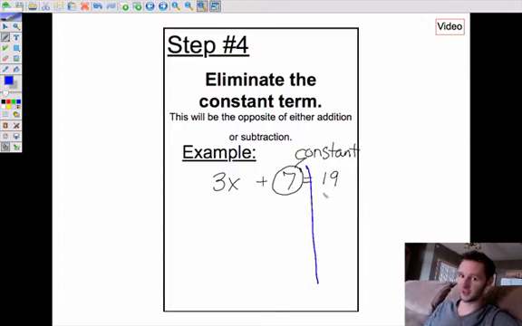Similar to what I just said in step 3, you wouldn't want to move this constant over here, because then we would have 3x plus something equals 0, and that wouldn't help us solve it. So we want to eliminate the constant that's on the same side as the variables. In order to do that, I'm going to subtract 7 from both sides. And we know we can do that because of the subtraction property of equality, as long as I do it to both sides. And you get 3x equals 12. From there, again, very easy to solve. You would just have one more step.